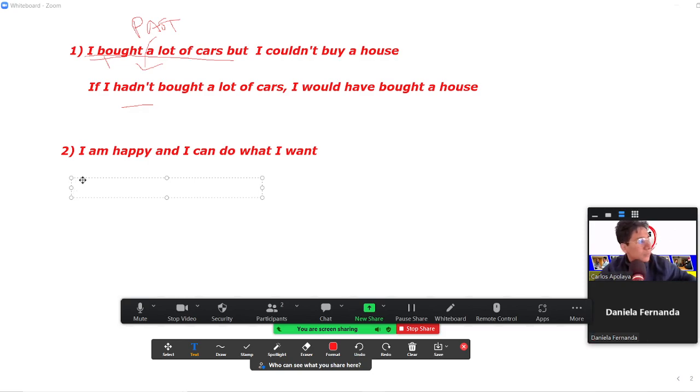If I am happy, ¿dónde está el verbo aquí, Danny? ¿Tu verbo arriba cuál es? ¿Cuál es tu verbo?